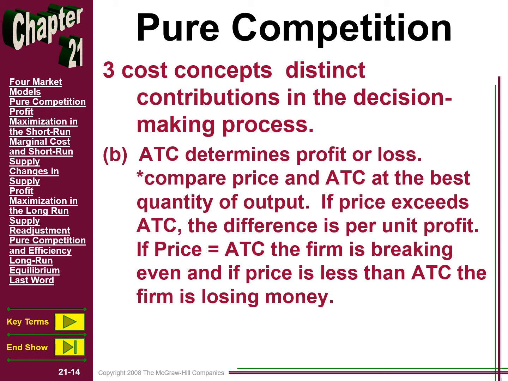So we look at price in the market at our quantity of output that will either maximize profit or minimize loss, and then we compare the price to the average total cost at that level of output. It will help us identify immediately whether the firm is making an economic profit, suffering a short-run loss, or breaking even.